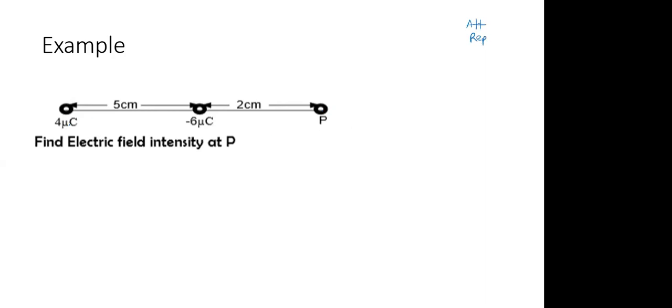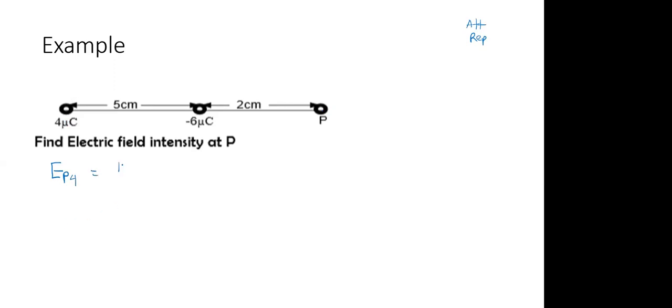Now I'm going to find the electric field intensity acting at point P due to charge 4. That is what I'm going to be obtaining. Now, what am I going to say?